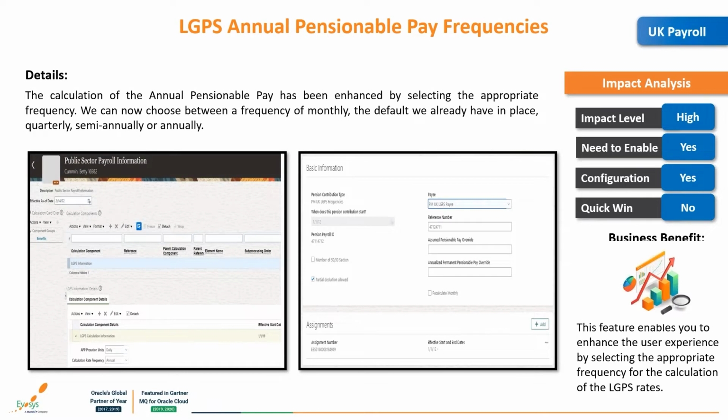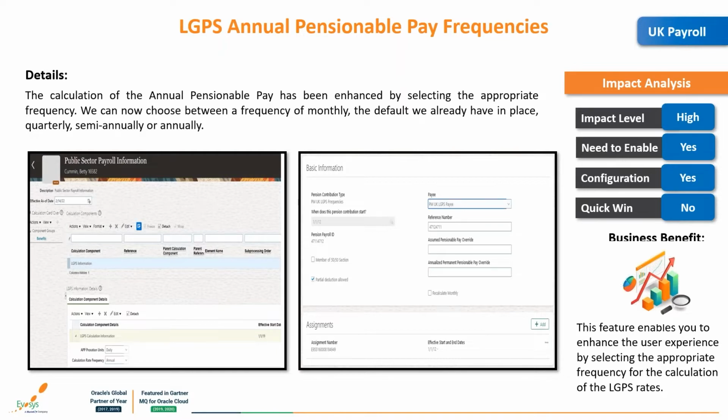The next feature is very specific to UK payroll, LGPS annual pensionable pay frequencies. In the calculation of annual pensionable pay, currently the default frequency is monthly. However, Oracle is now enhancing this functionality by providing multiple frequencies for reassessing the pensionable pay.